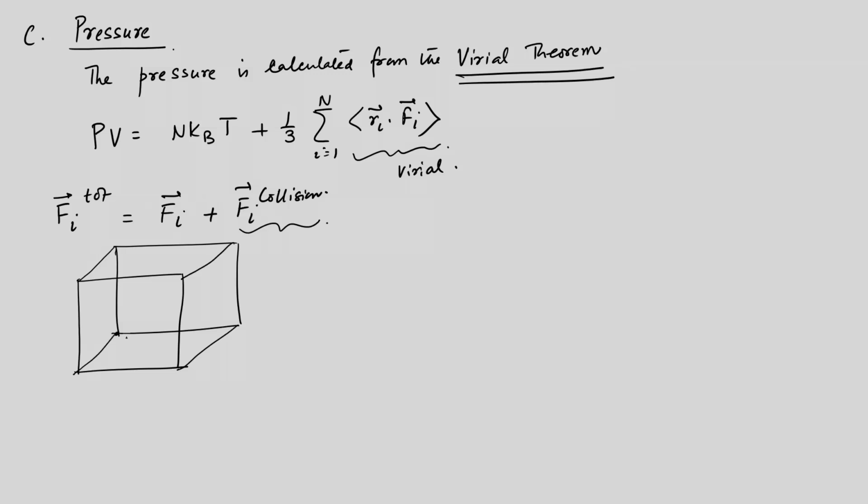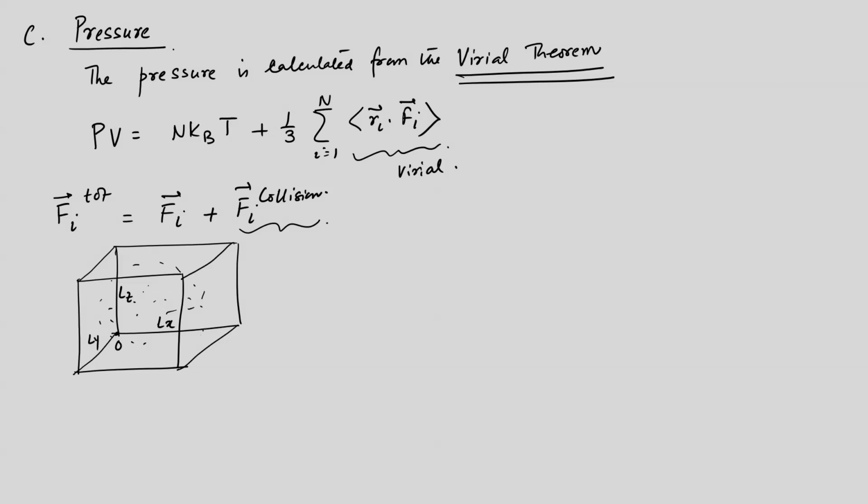fixing the origin here, and this is say L_x, this is L_y, and this is L_z. So the collision force will originate from all these walls. The gas is contained in this box, and these gas molecules will collide with the walls of the container. They will reverse their velocities and come back, and this corresponds to the pressure that is being given by virtue of these collisions.